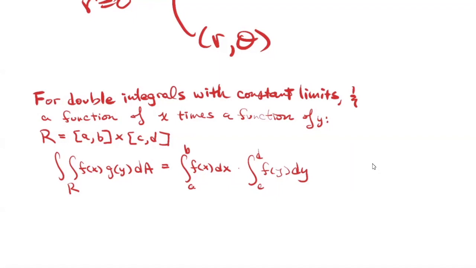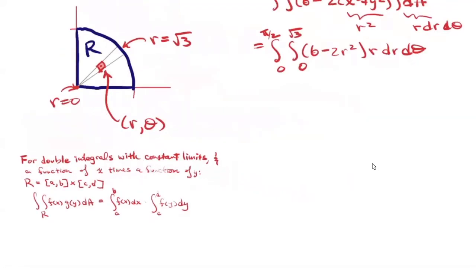But you can apply that to this problem because we have a function of r times a function of theta. In fact, the function of theta is just 1. So you could write this as an integral from 0 to pi over 2, and there is no theta anywhere, so just d theta. If you want, you can put a 1 in there.